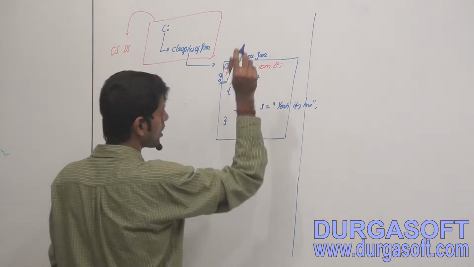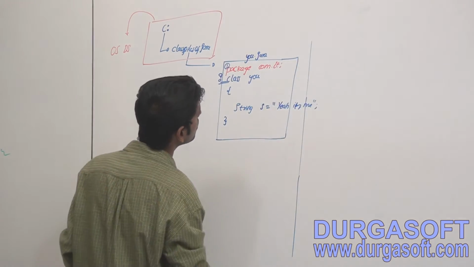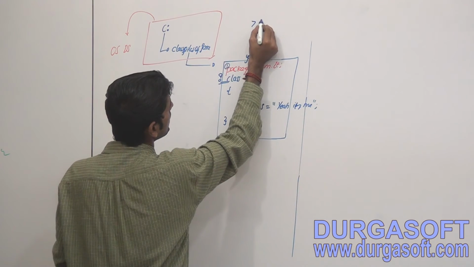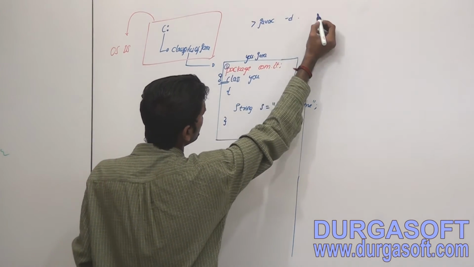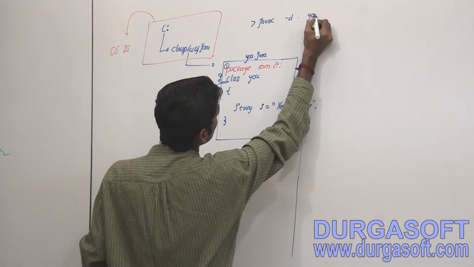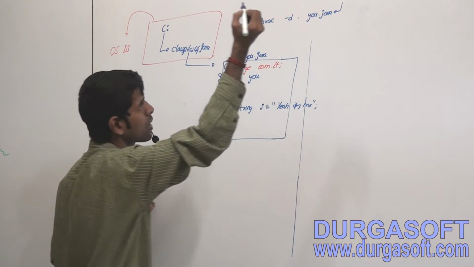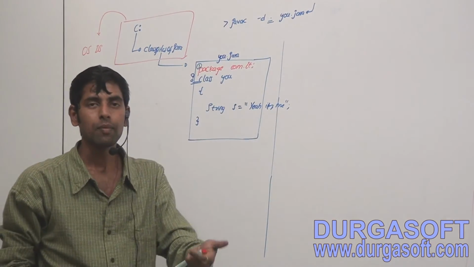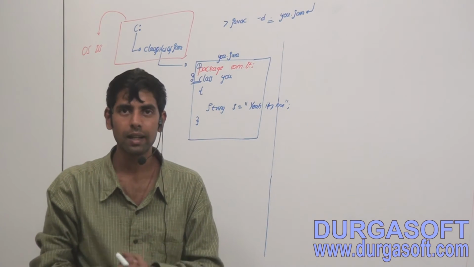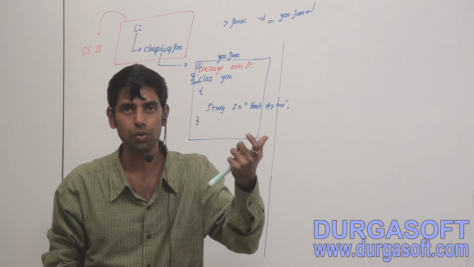Observe, how to compile this particular piece of code? Simple: javac -d . and the source file name, u.java. That's it. The dot represents the current working directory: please create that package directory structure for my future use.